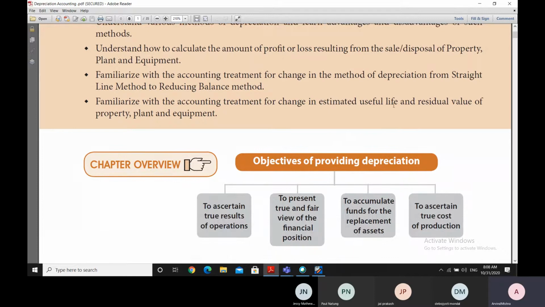The estimated useful life means our estimate of how much useful life of that particular plant, property, and equipment is left at that point of time. And once it has completed its useful life, the value that it can fetch when we sell it in the market is the residual value.